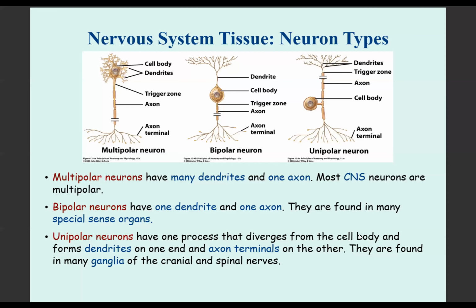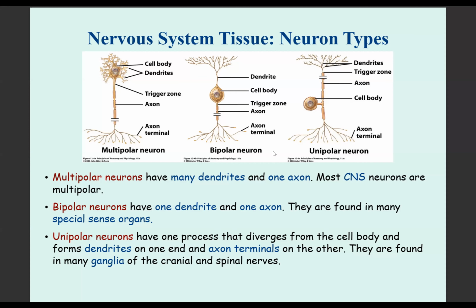So as I was saying, these are the different types of neuron. However, there is also another neuron which looks like it is unipolar, but it is actually not.